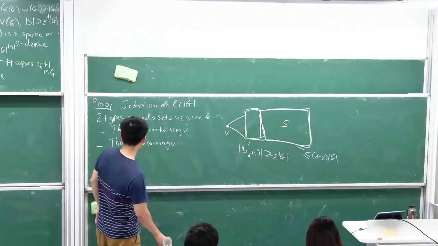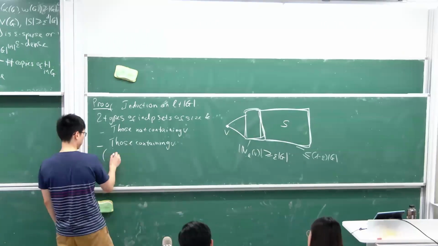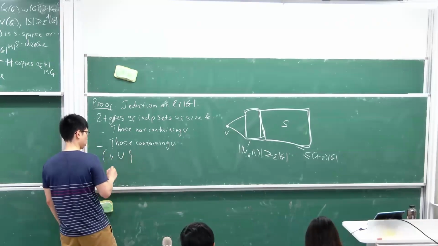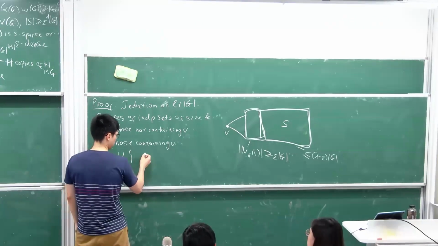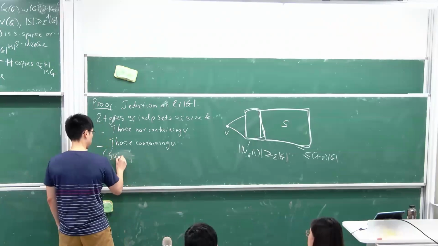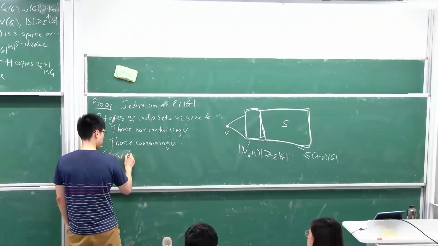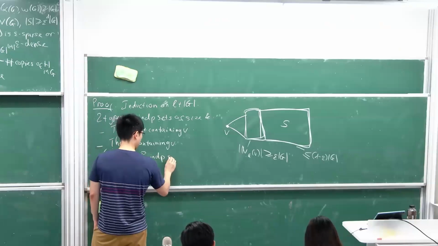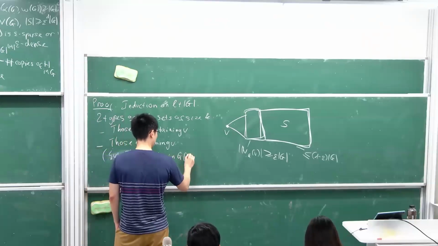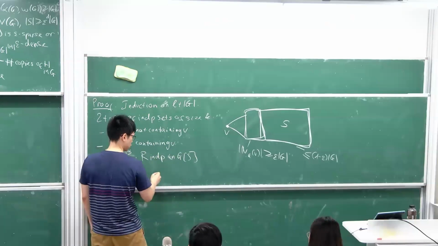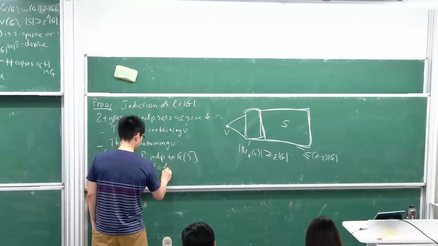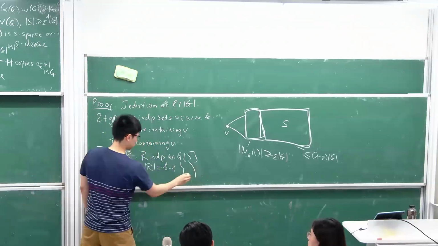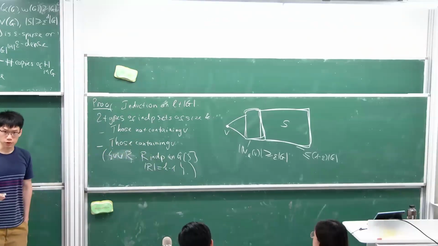These are formed by the union of v and R, where R is an independent set in G restricted to S, and R has size exactly K minus 1. So now there are two types.